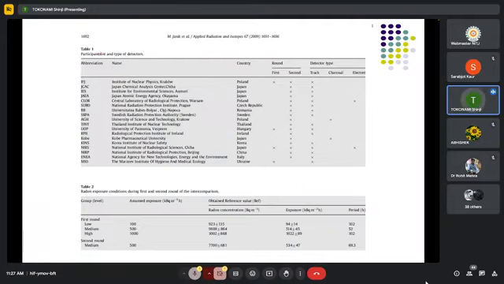This table shows the participant list and type of detectors. Many countries participated in our intercomparison: Poland, Czech, Romania, Sweden, Thailand, Hungary, Ireland, Korea, China, Italy, Ukraine.